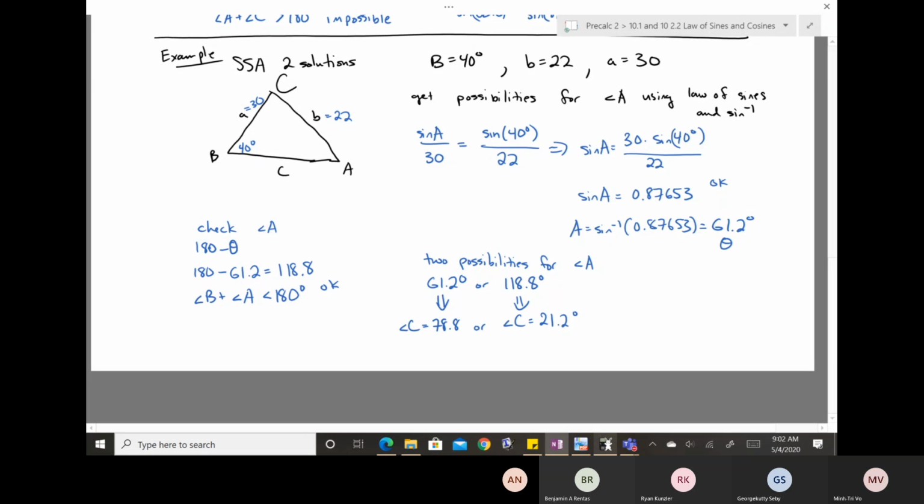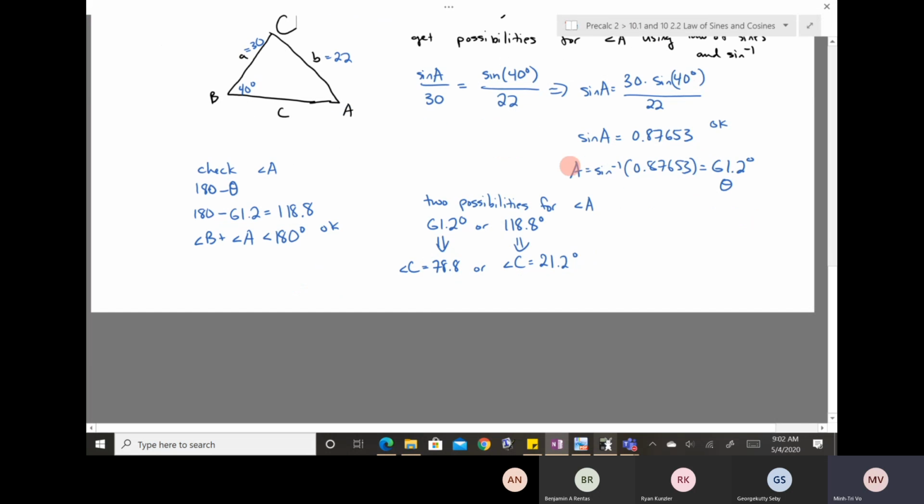So again, I'm kind of running out of space, but you use the law of sines for side C, right? So you would do C over sine C is equal to relate to side B because that's where it's completely known, right? So 22 over sine 40.